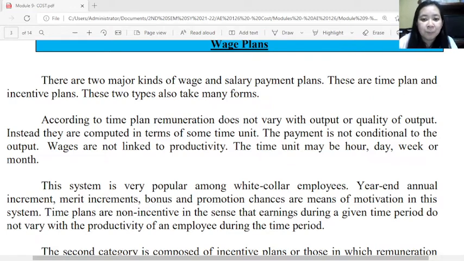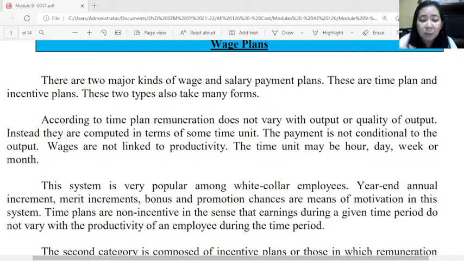Okay, so in this system also, the plans are non-incentive because earnings during a given time period do not vary. Because in this case, what the employer is looking at is the number of hours spent.